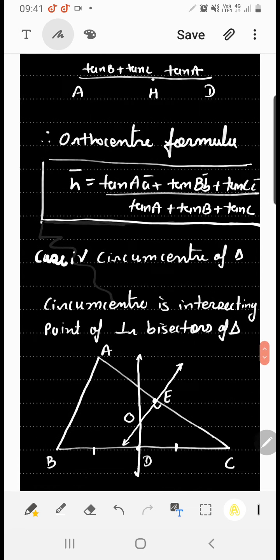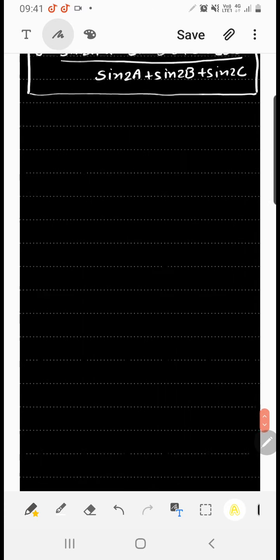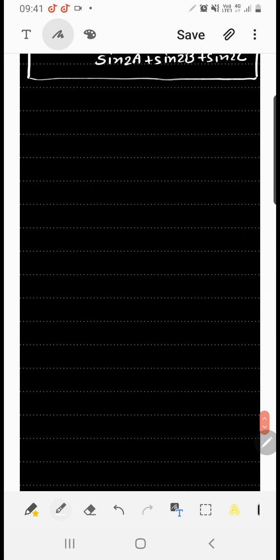But for orthocentre and circumcentre, it is not required to remember the formula. But there is one very important result relating centroid, orthocentre and circumcentre. Important result for JEE.